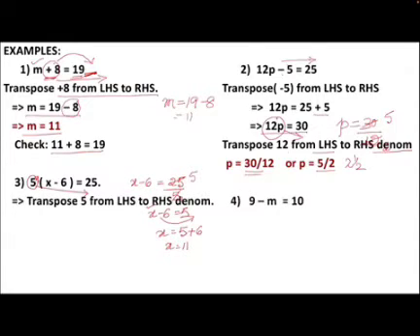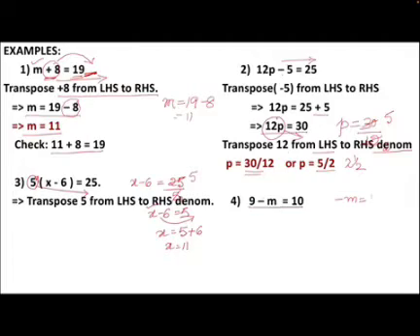That is this problem, 9 minus m equals 10. You can either shift minus m and make it positive. Generally we keep variables as positive. Otherwise you can shift 9 to RHS. So what happens is minus m, because m is minus here.